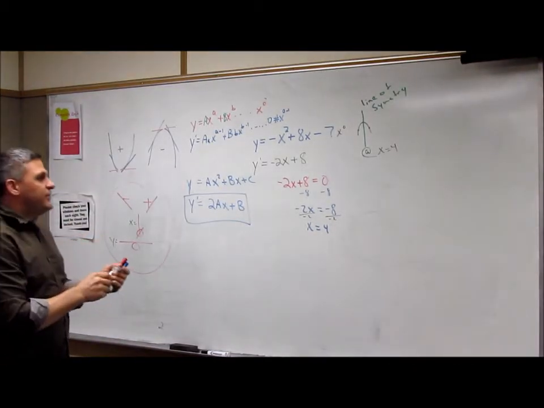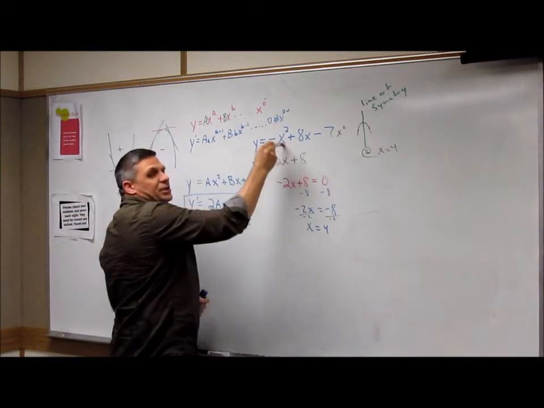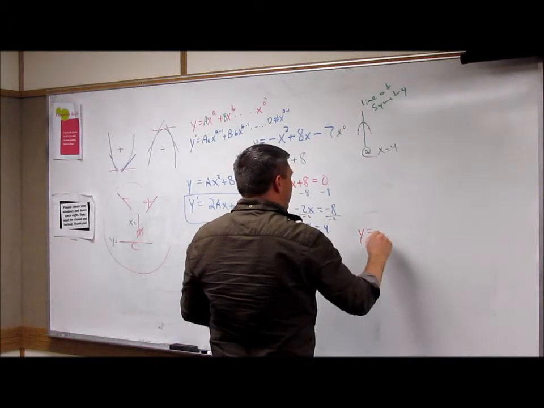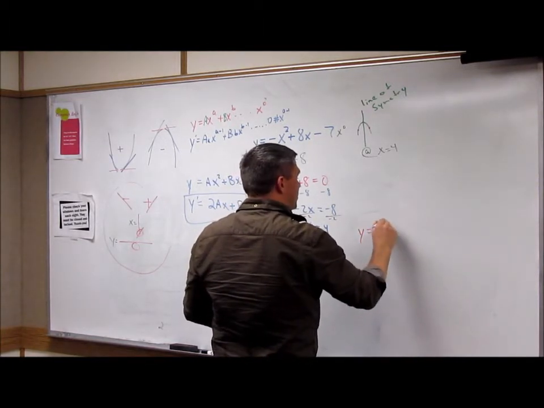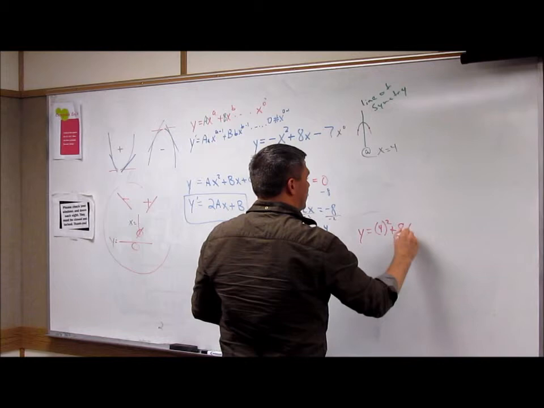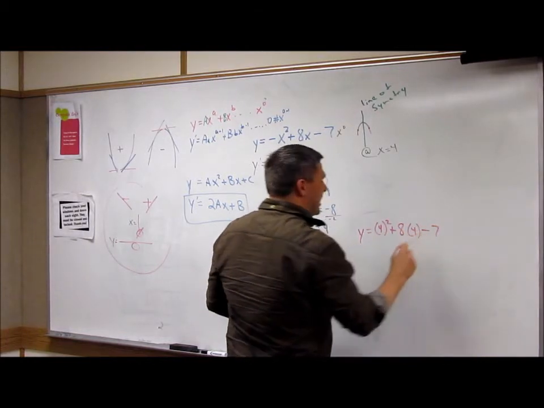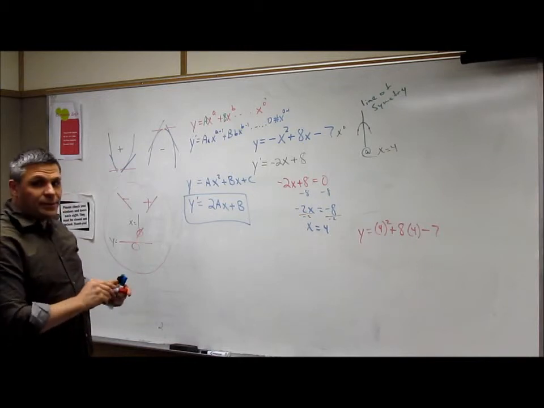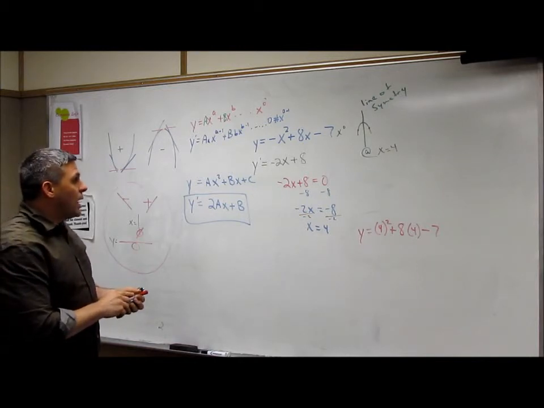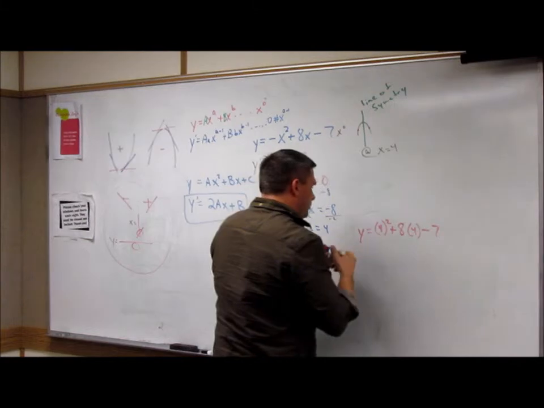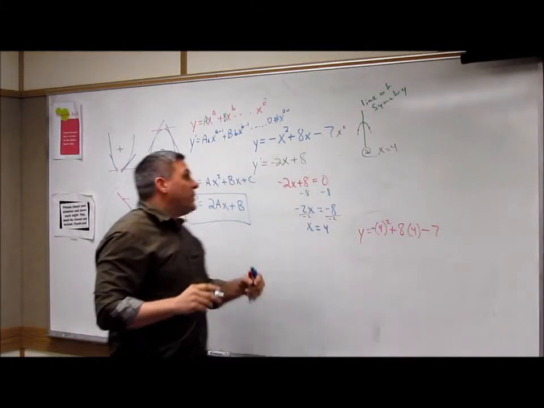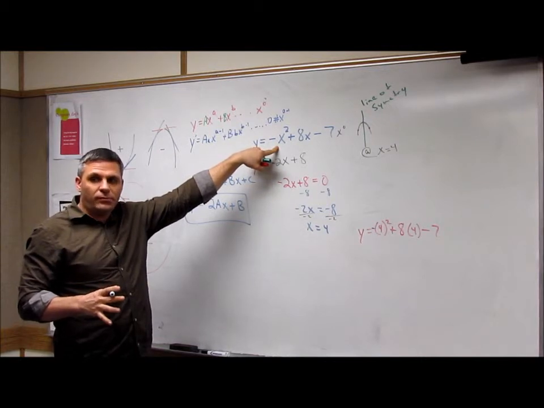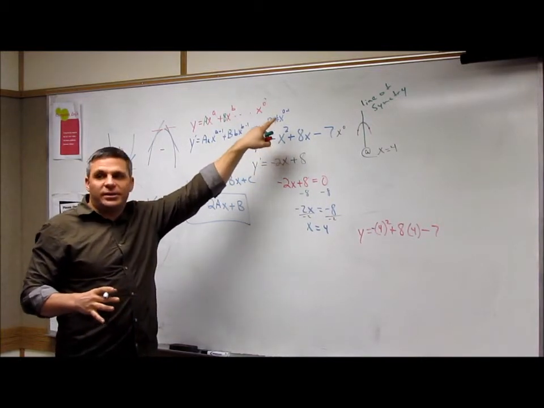And again, to find out y, I've got to plug it into the original equation. So y is equal to 4 squared plus 8 times 4 minus 7. It wouldn't be negative 4? Ah, negative out in front. Negative x squared, because x isn't squared, right? It's negative x squared.